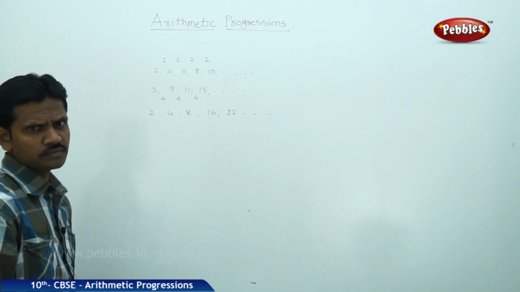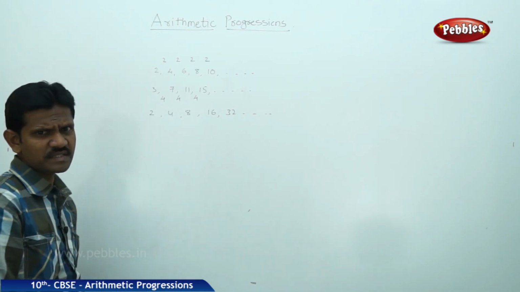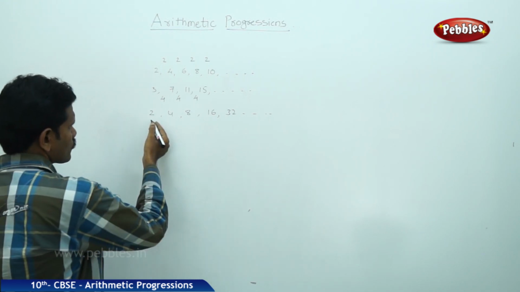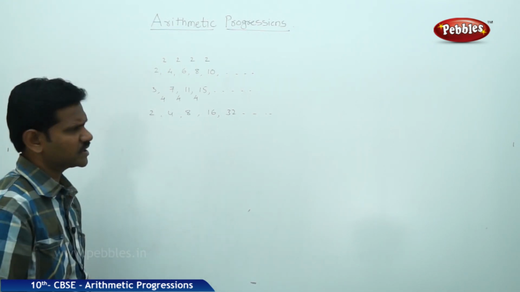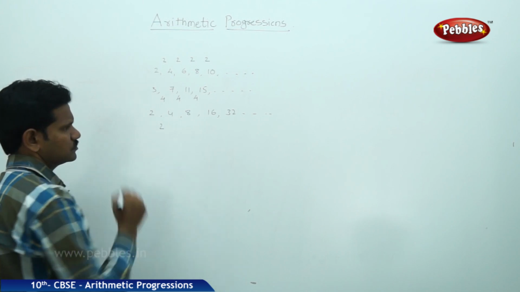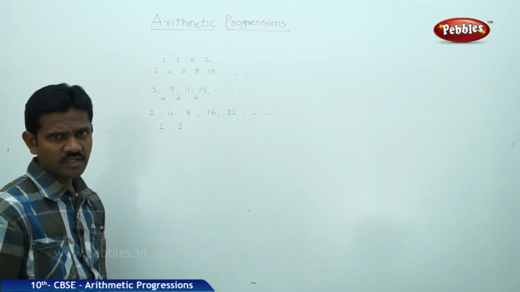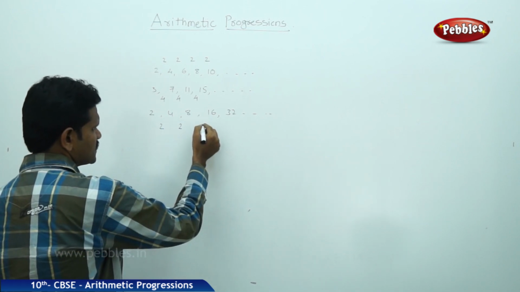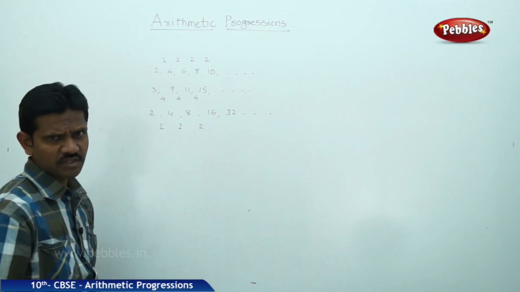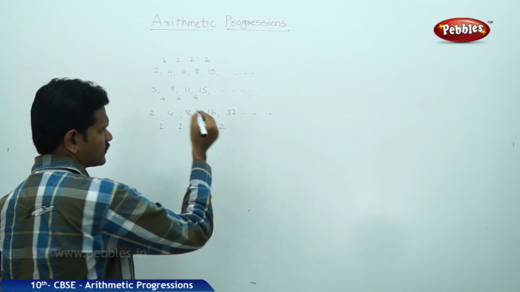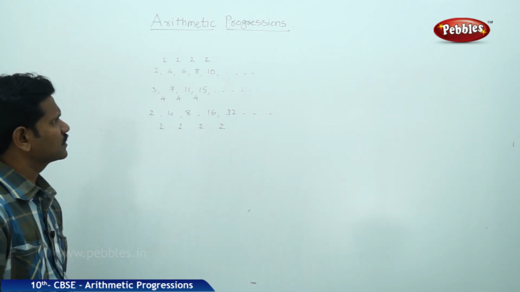Let us come to the third example, 2, 4, that is, 4 is multiplied by 2 to get 8, 8 is multiplied by 2 to get 16, 16 is multiplied by 2.